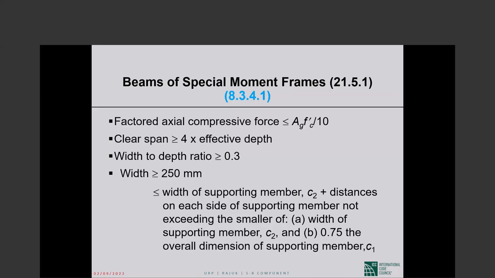Okay. Now, can you just stick out a couple inches? I wouldn't do it. The code cannot be explicit about everything. But when we say beam-column frame, we mean an actual beam, not a very shallow beam. How is a 5-inch deep beam going to act as a beam?